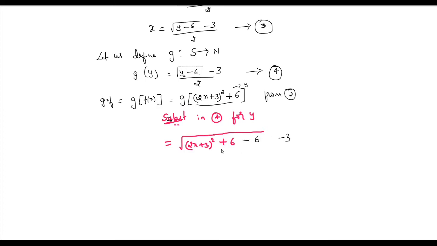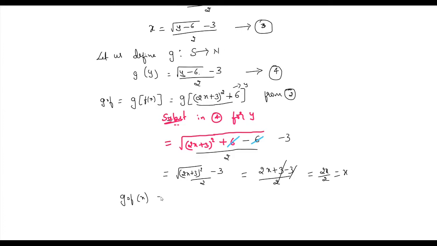Now outside the root, minus 3 whole divided by 2. 6 and minus 6 get cancelled, and we'll be left with under the root 2x plus 3 whole square, minus 3 whole divided by 2. So this is whole square under the root, which will be 2x plus 3 minus 3 whole divided by 2. Again 3 gets cancelled, and what we get is 2x by 2, which is x. G circle f of x is x.